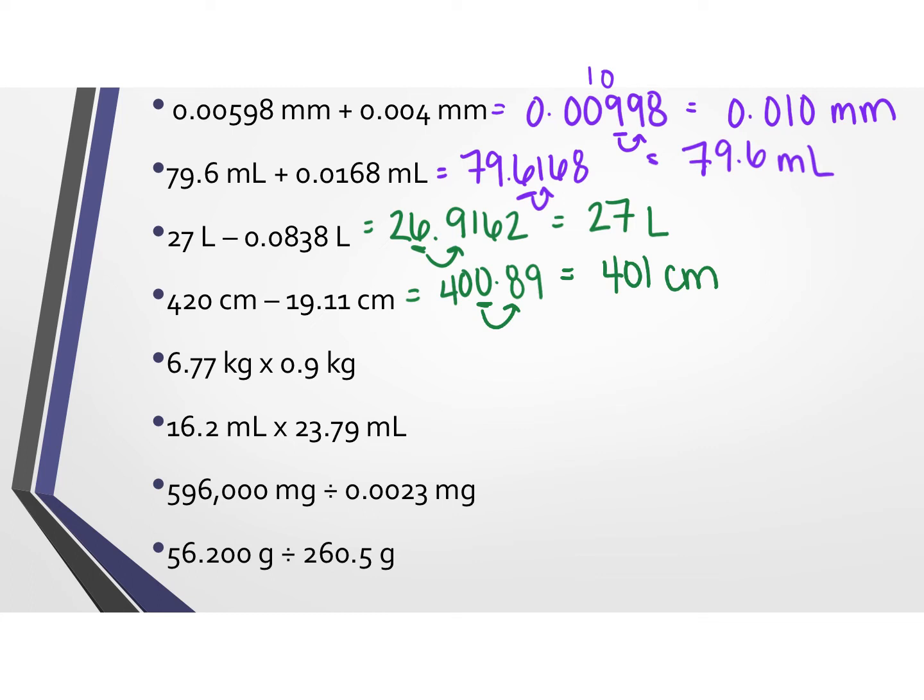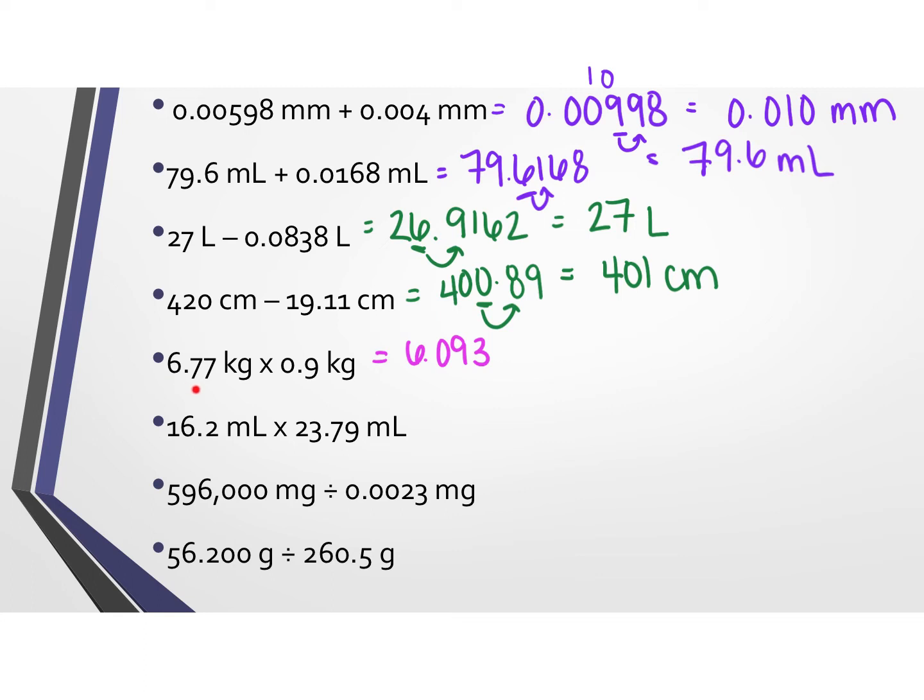Okay, next we have 6.77 kilograms times 0.9 kilograms. Thank you, 6.093. Okay, are you counting sig figs or decimal places? Okay, this time we're going to count sig figs.